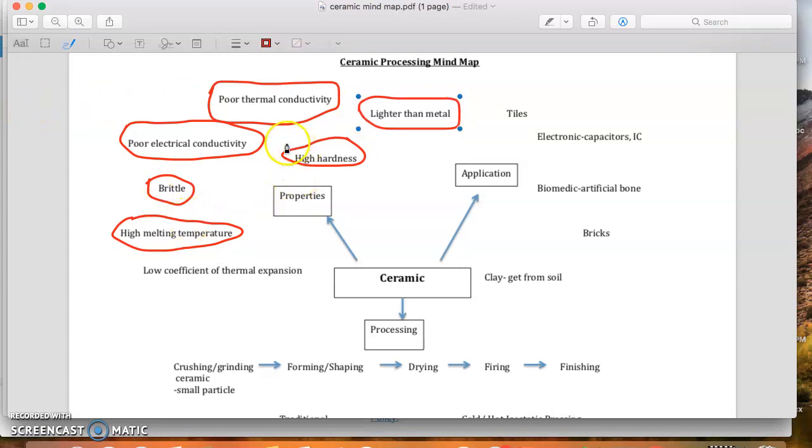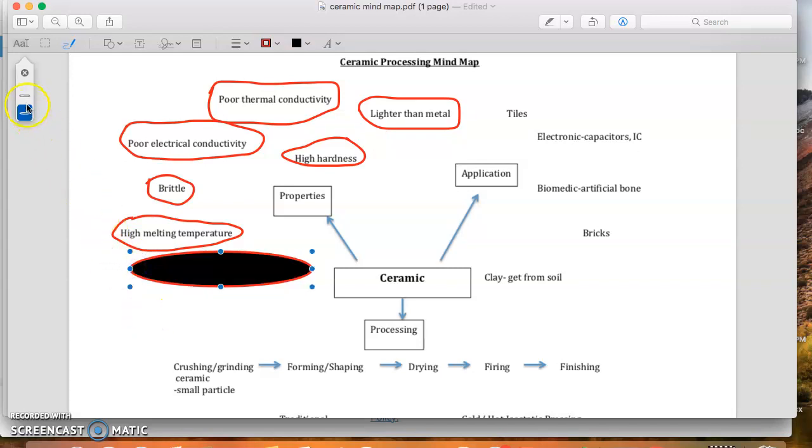Another one is a low coefficient of thermal expansion. This gives the benefit that ceramic can maintain its dimensional stability at higher temperature. Okay, all these are properties of ceramic.